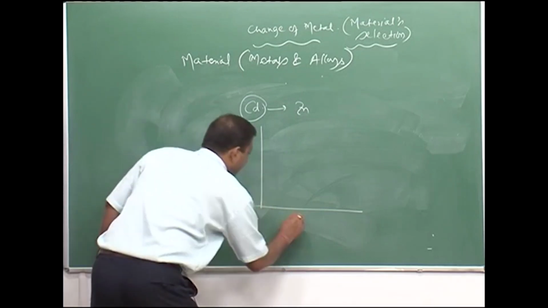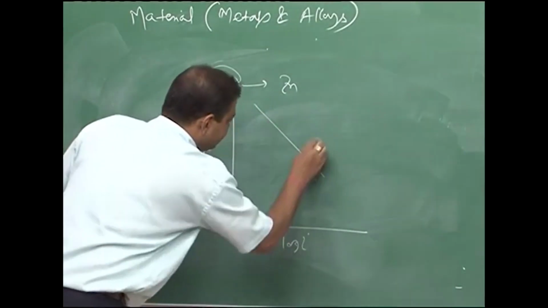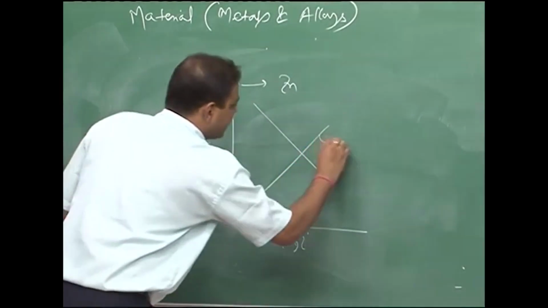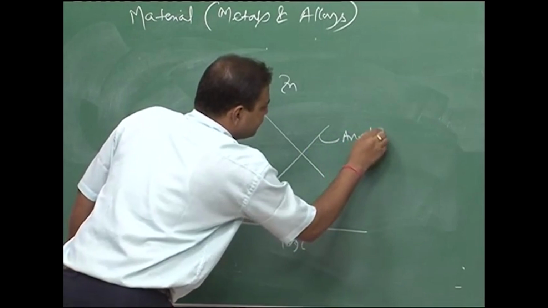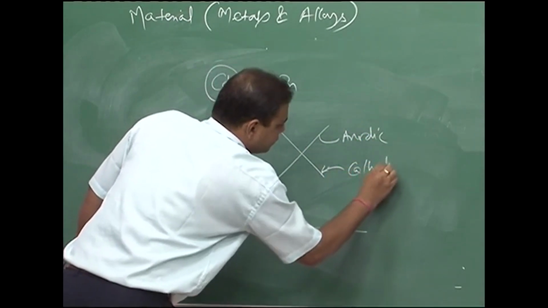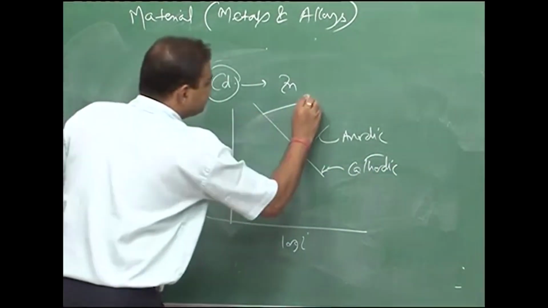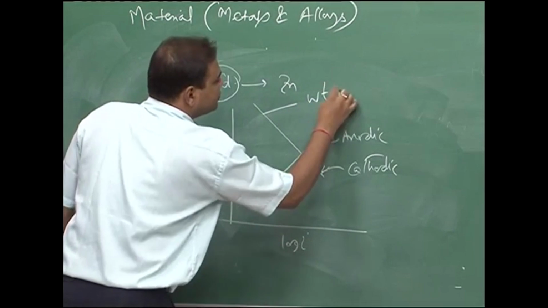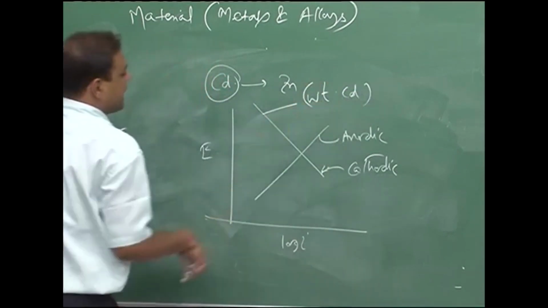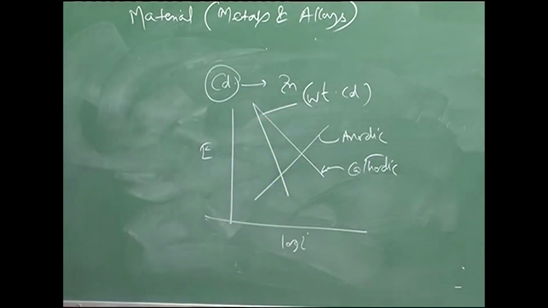So, here you have, without the presence of cadmium, this is my anodic polarization and this is cathodic polarization. Now, this is without cadmium, and if we have cadmium, then the cadmium increases the polarization of the cathodic reaction.